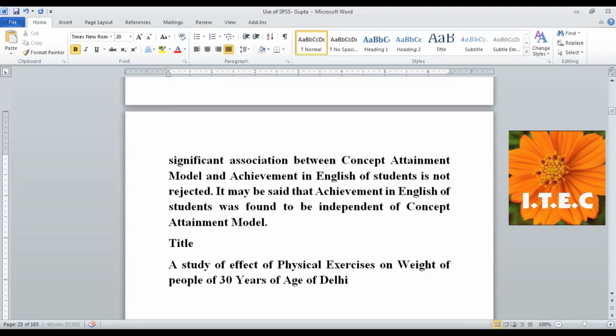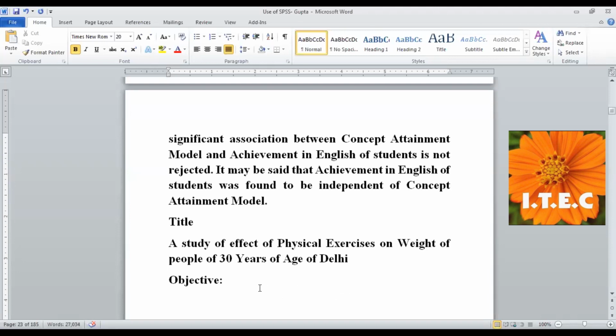Suppose I have this. Then I may write the objective like this: to study the association between physical exercise and weight of people.